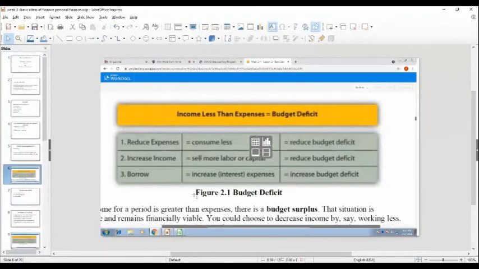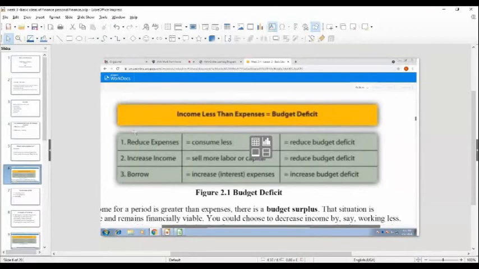I have here a simple illustration of a budget deficit. A budget deficit is when your income is less than your expenses, and knowing that you are in deficit, what will you do?